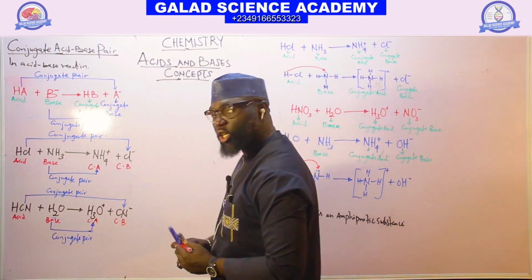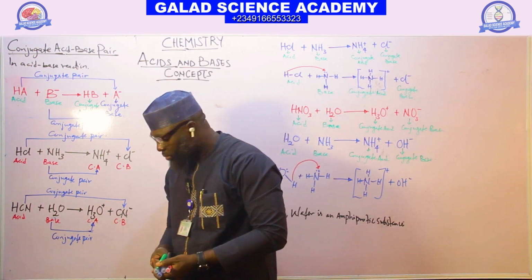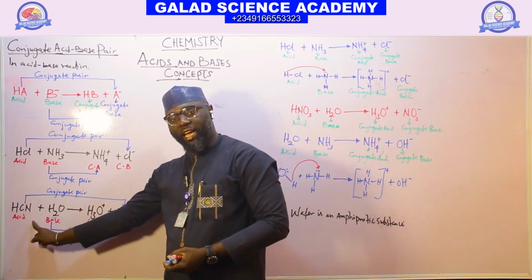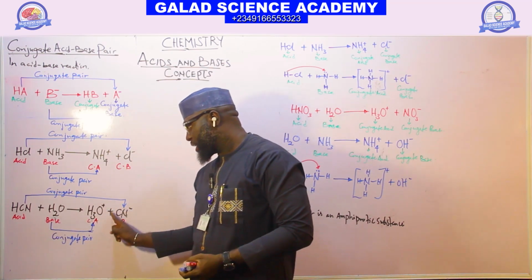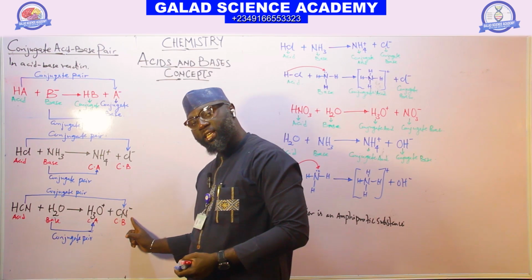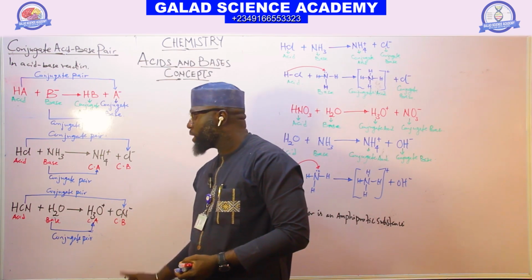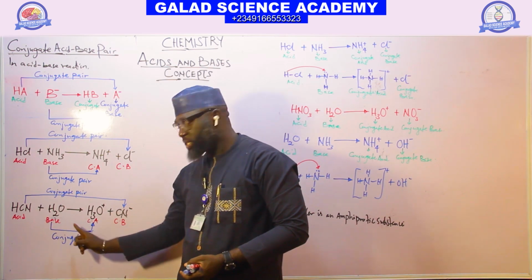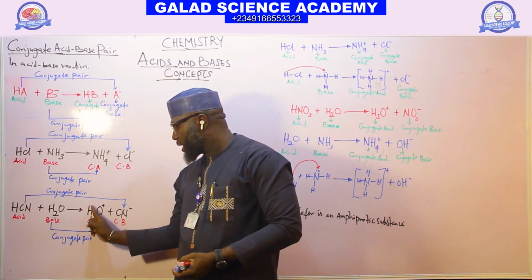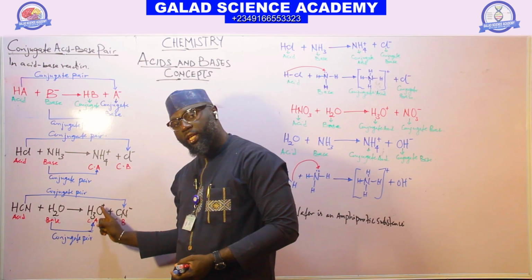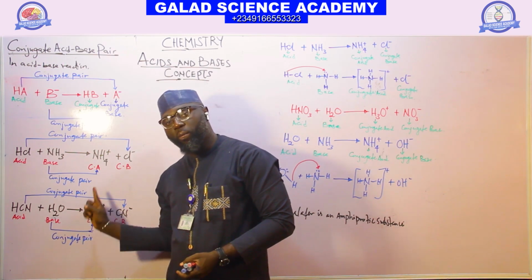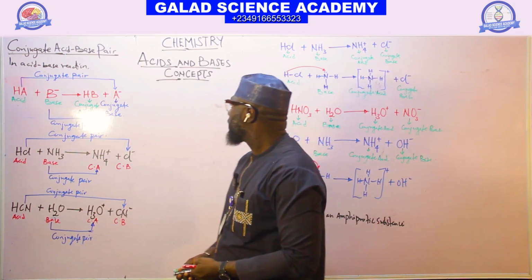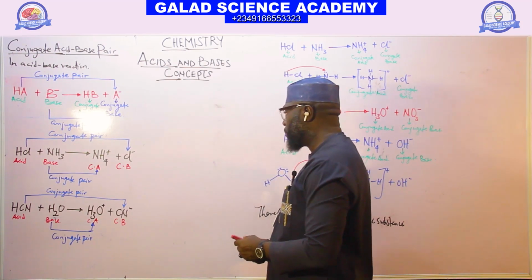So the conjugate base of hydrogen cyanide is CN minus. The conjugate acid for this base is H3O plus.